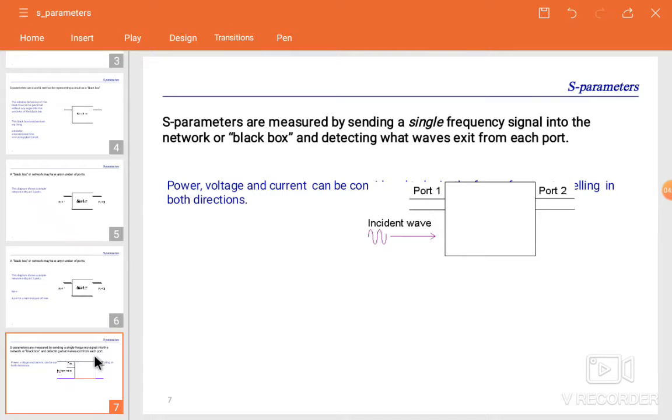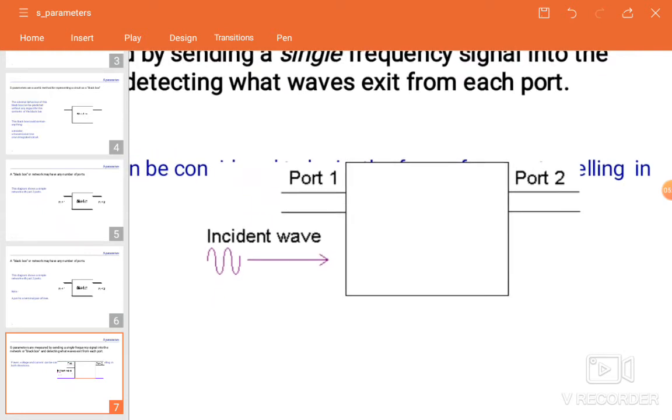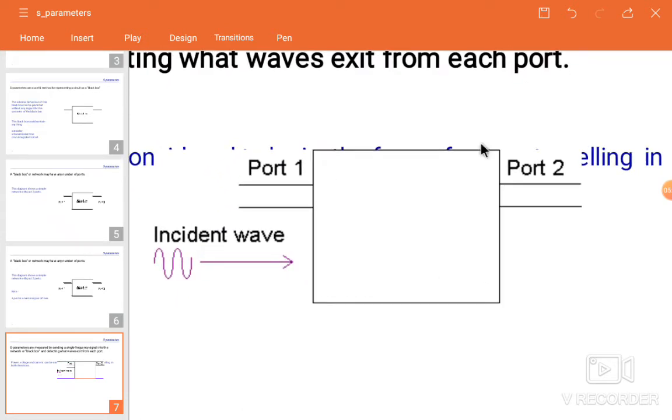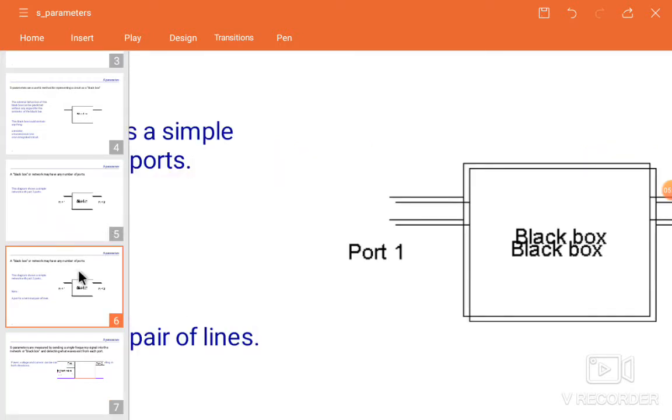S parameters are measured by sending a frequency signal into the network or black box and detecting what waves exit from each port. If this is a black box, the incident wave is coming in this side.